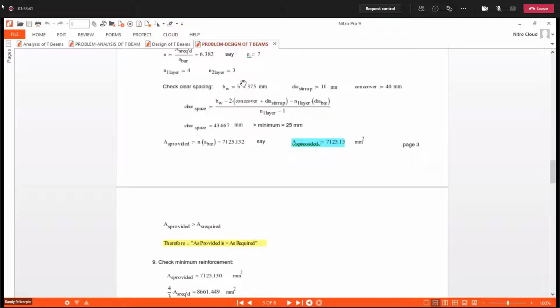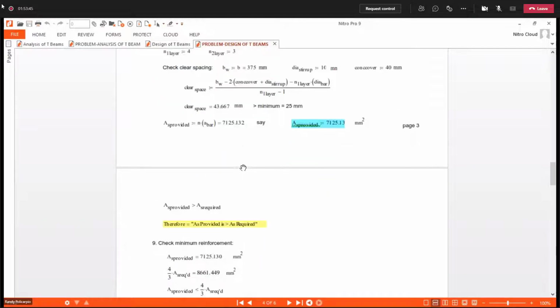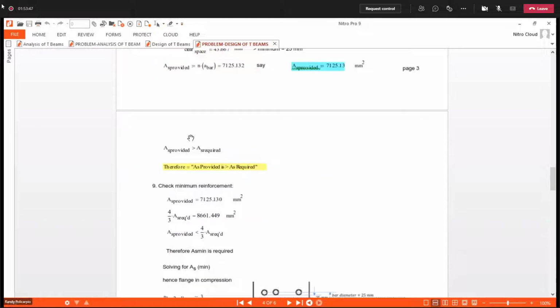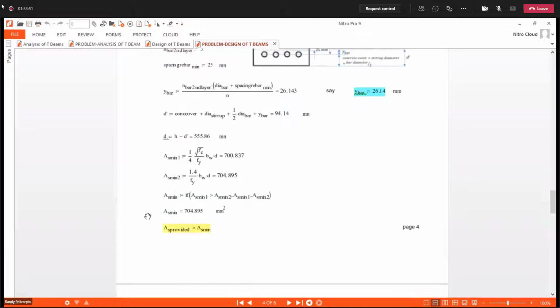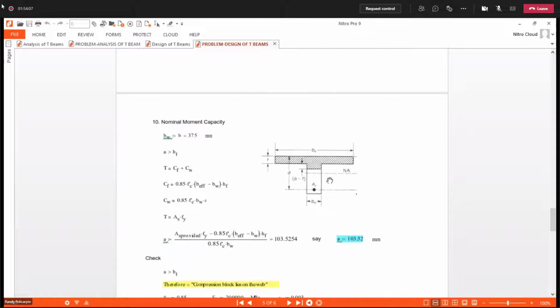So in accepting this design, we check the AS provided and also we check the AS minimum. So we satisfy this requirement. Now, the next part is to analyze. Analyze naman natin. We will check the adequacy.